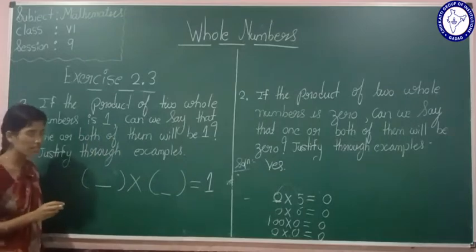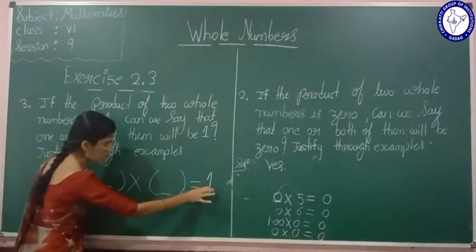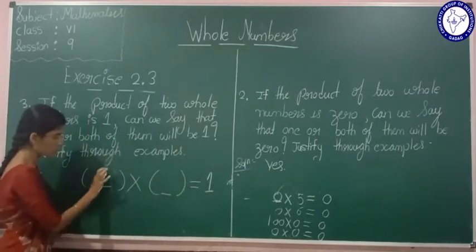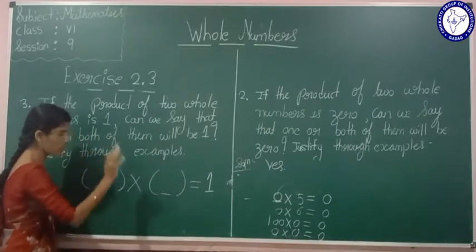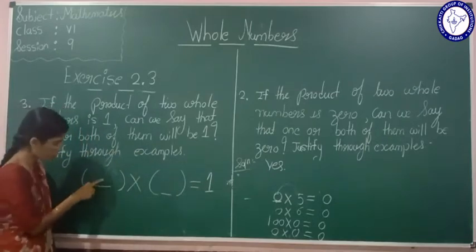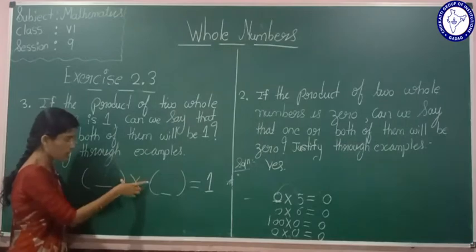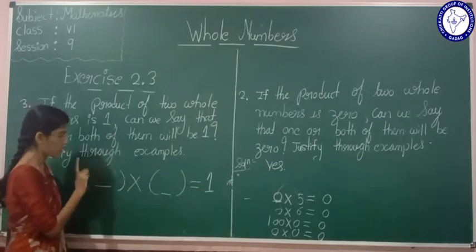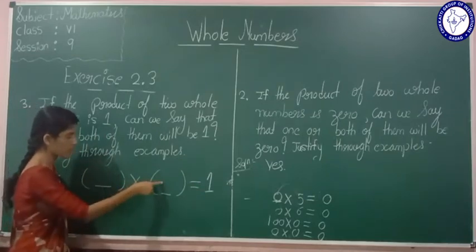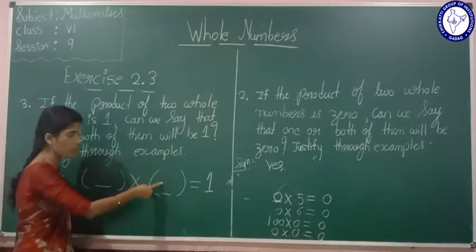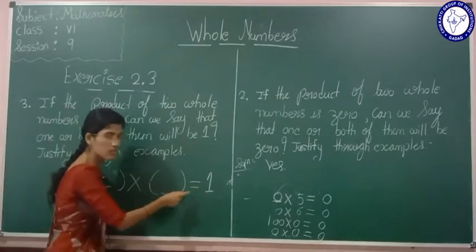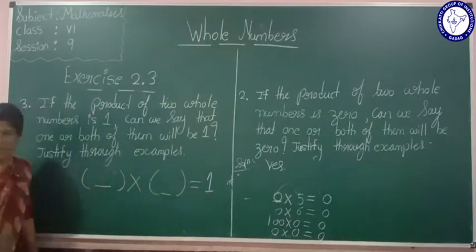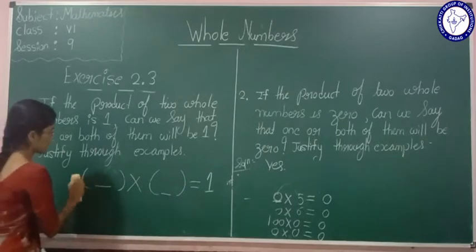They are asking us, to get the answer 1, should both numbers be 1 or is only one number sufficient? If both numbers are 1, the answer is 1, or if only one number is 1 and the other is a different number, is it possible the answer will be 1? We will see by the examples.